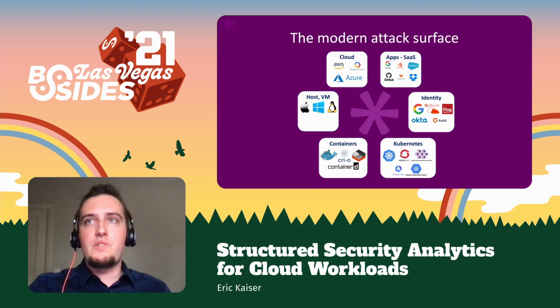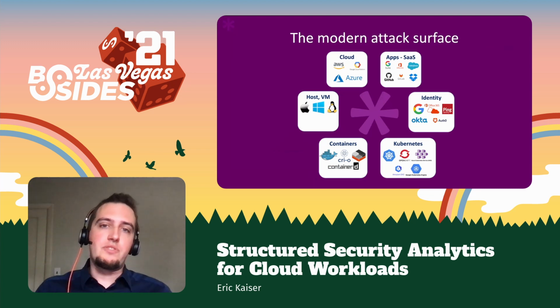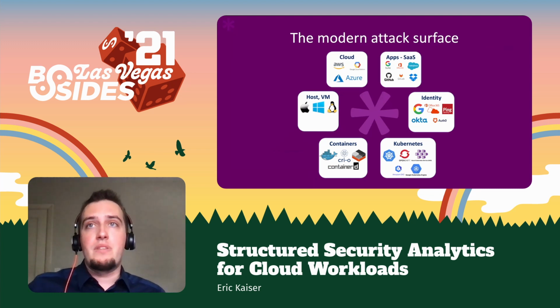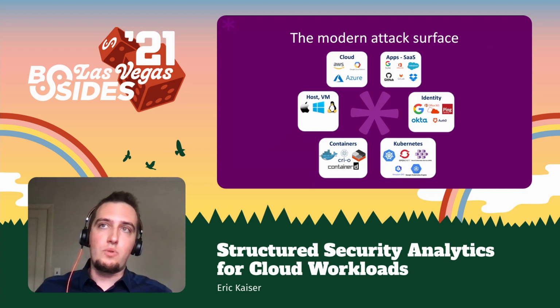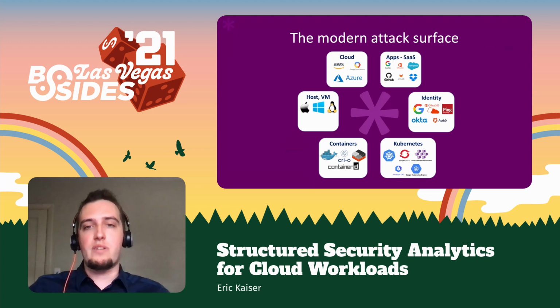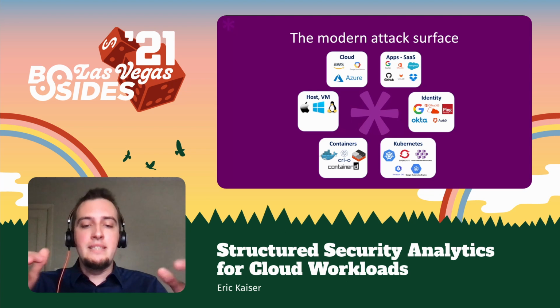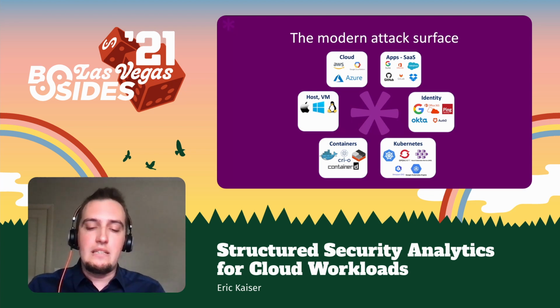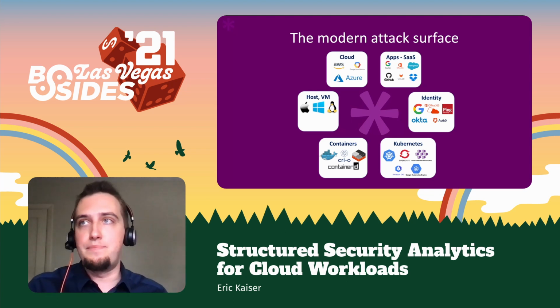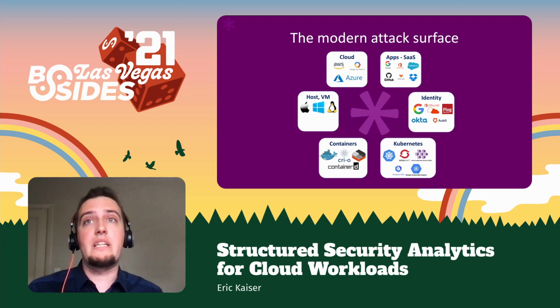Okay. So the modern attack surface is also exploding, right? Users, applications, and data no longer only live on the corporate network, behind the firewall, behind the VPN, in that safe little walled garden or that crunchy shell with the GUI inside. And observability is really needed across the whole range of cloud-native ecosystems.